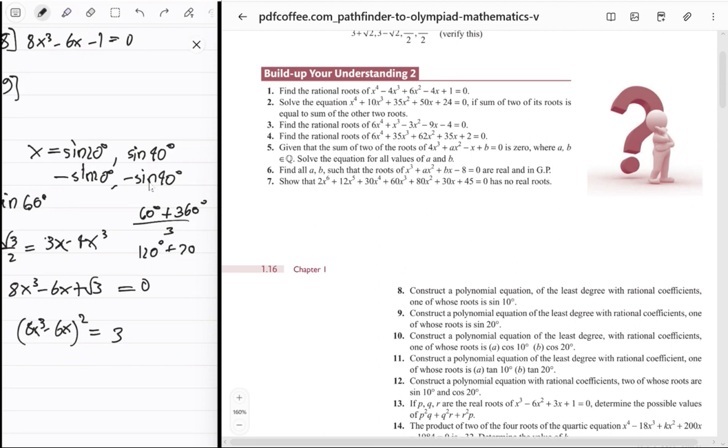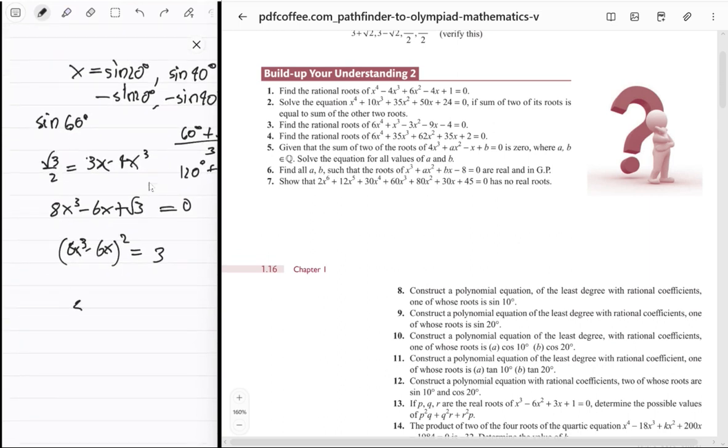That won't work. So what about 120 degrees plus 40 degrees, which is 160 degrees. So 180 minus that is 20 degrees. Sine of that is the same thing as that. That doesn't help us at all.